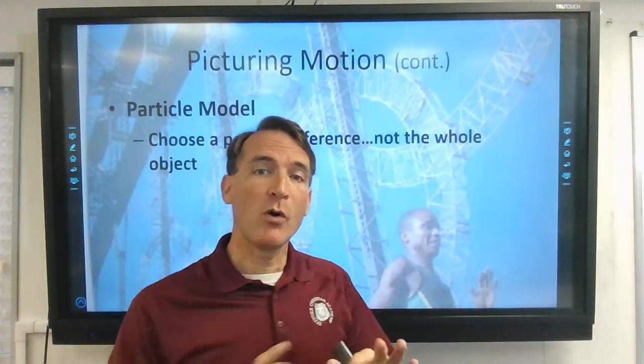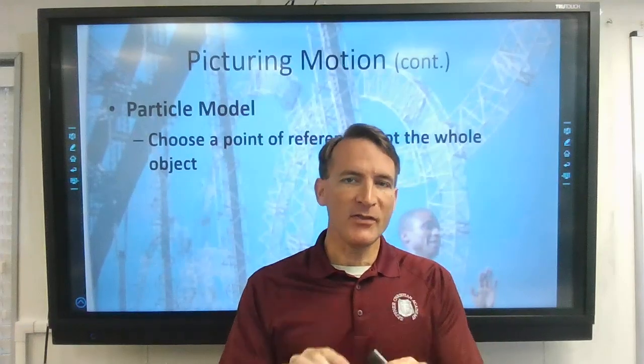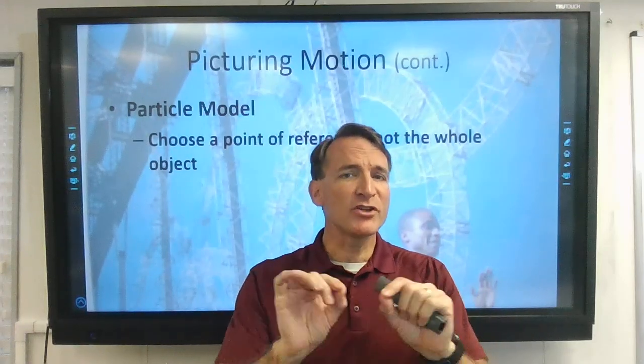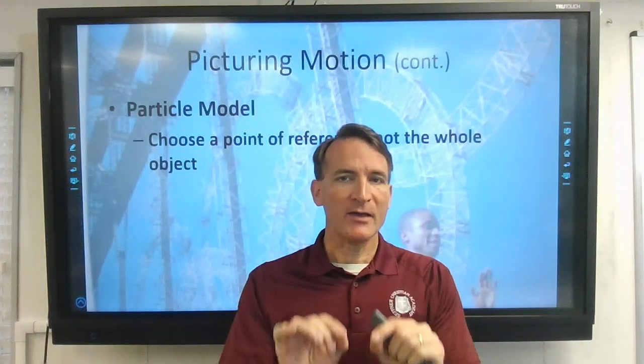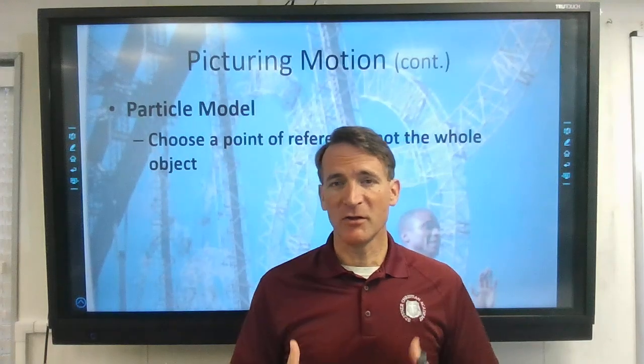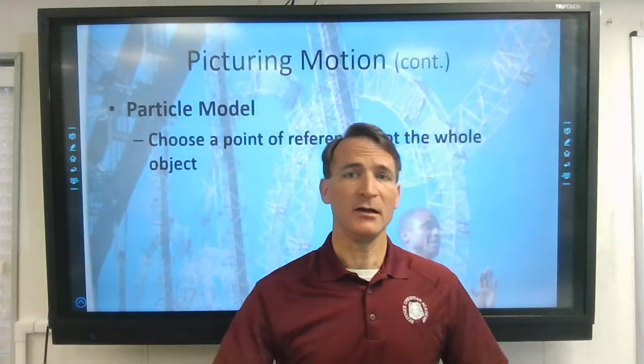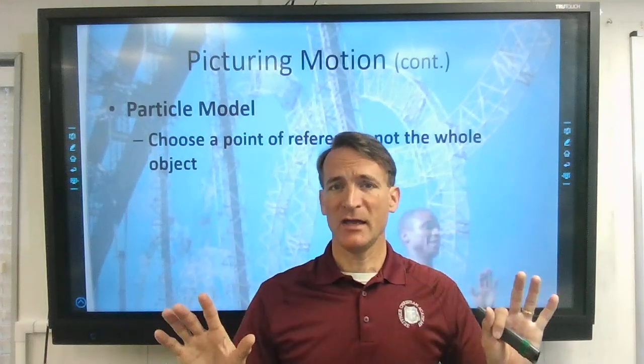So what we want to do is try to pick a point on the object that is pretty much stationary relative to the object itself. So if we're talking about a human, the leg, not a good idea. The arms, not a good idea.